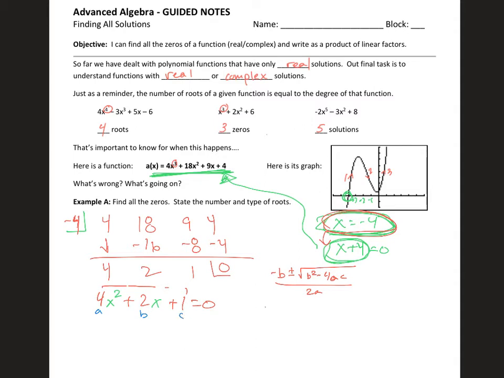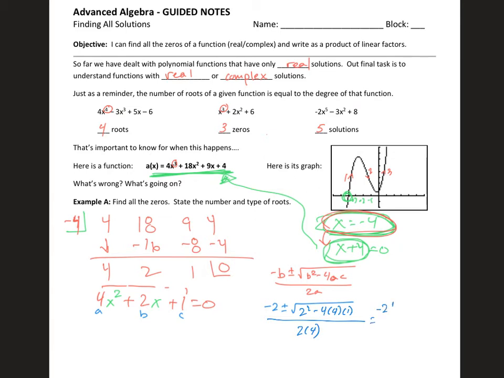I have negative 2 plus or minus the square root of 2 squared minus 4 times 1 all over 2 times 4. Okay, so let's simplify that.